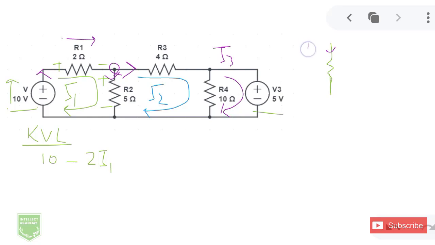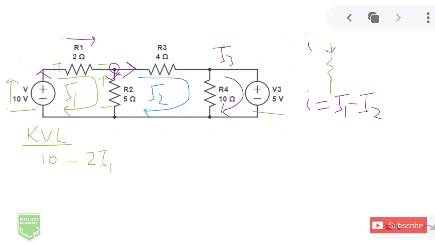So I'm going to mark that as an I. That I would be equal to the sum of these two currents. And again, the same concept applies, that since capital I1 is in the direction of I, it would have a positive sign, and capital I2 would have a negative sign. So this is the current through my 5 ohm resistor.